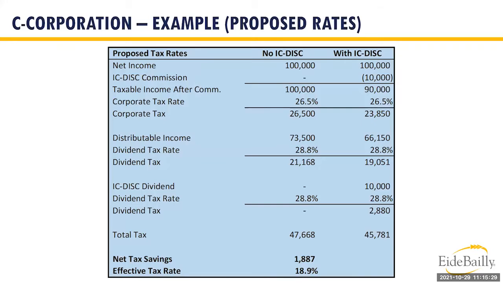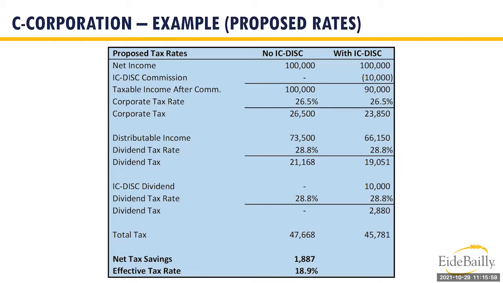And if we look at a corporate example with the proposed tax rates, again, maybe it's not likely that corporate rates will go up, but there's been talk of them potentially going to 26.5%. So in this example, you'll see our tax savings would go from the 1,600 to 1,887, or give or take 19% of our commission amount.